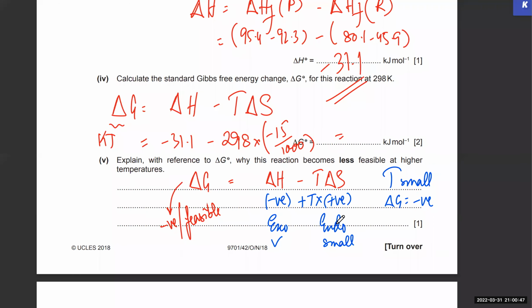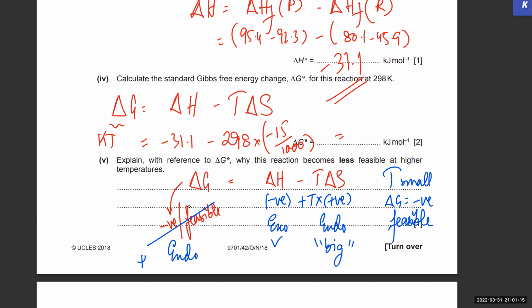Yes, sir. So he's saying, okay, what will happen to the, so it would be feasible. I said it's going to be feasible if T is kept as small as possible. But he's talking about higher temperatures. So at higher temperatures, what will happen? This part over here is going to become big. So instead of being negative, it would come out to be endothermic.